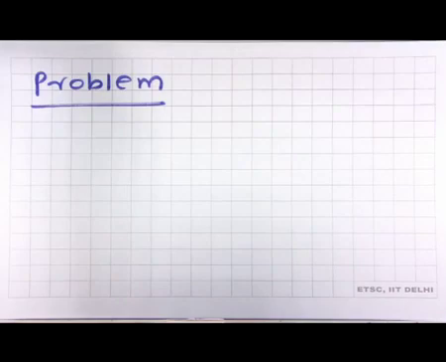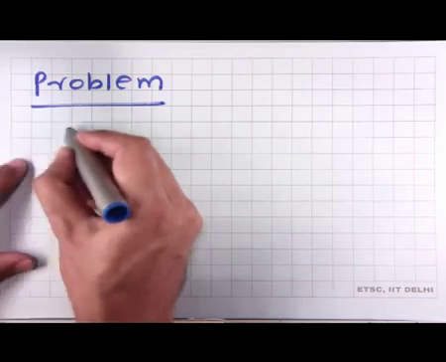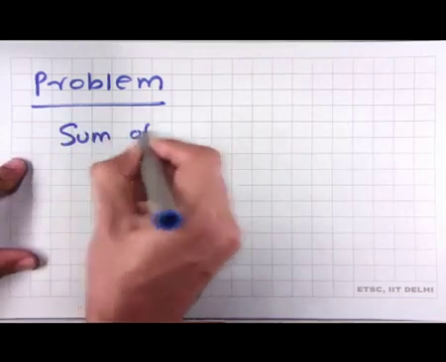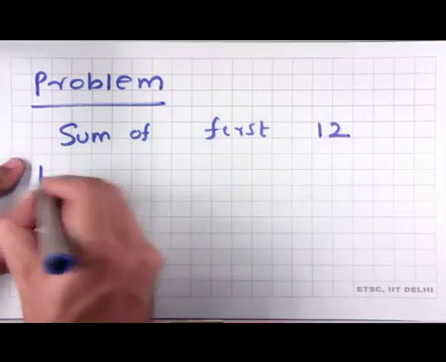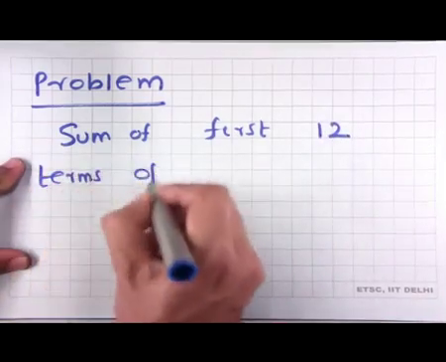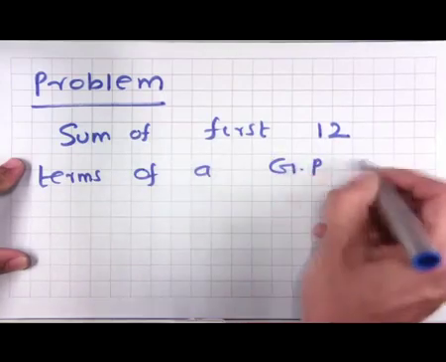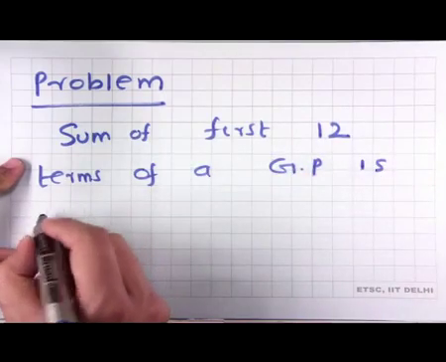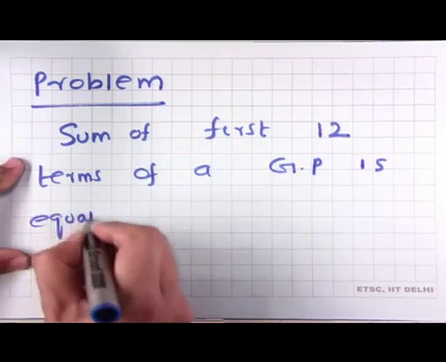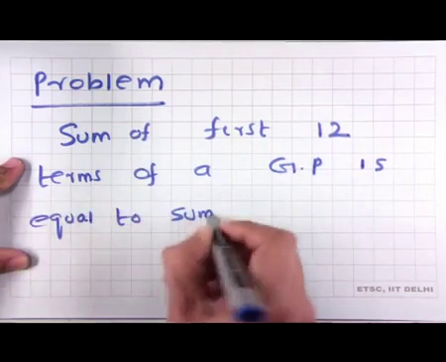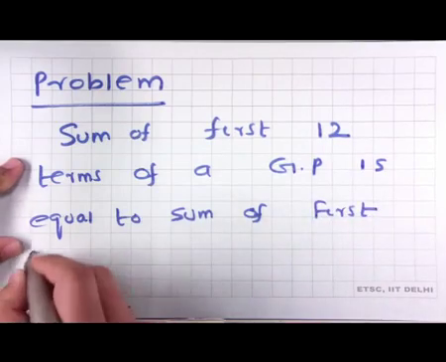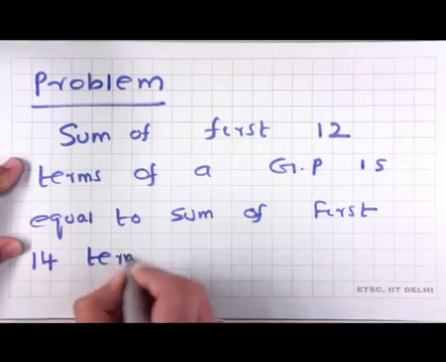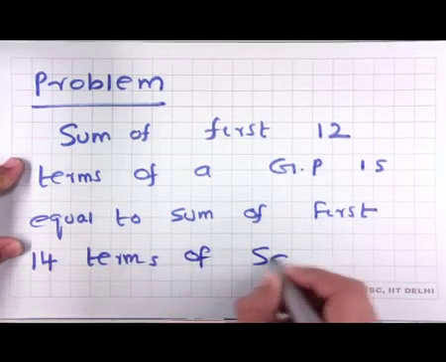Here you have your next problem. Sum of first 12 terms of a GP is equal to sum of first 14 terms of the same GP.